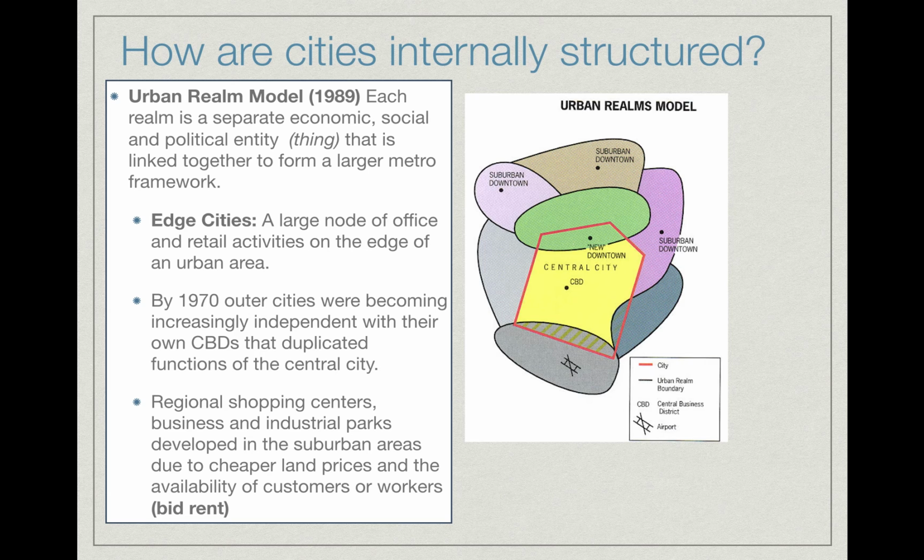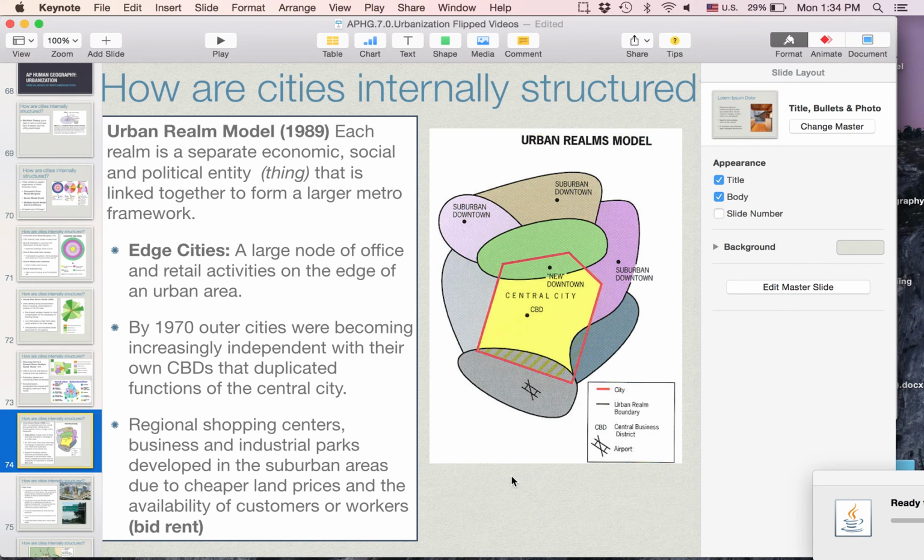Edge cities are a large node of office and retail activities on the edge of an urban area. If you have ever gone to Tyson's Corner, now known as Tyson's, you have experienced the definition of an edge city. About 15, 20 years ago, Tyson's was primarily comprised of the mall. Now we have Tyson's Corner. If you consider this to be Washington, D.C., we've got Dulles Airport out here. We've got Tyson's Corner about halfway in between.